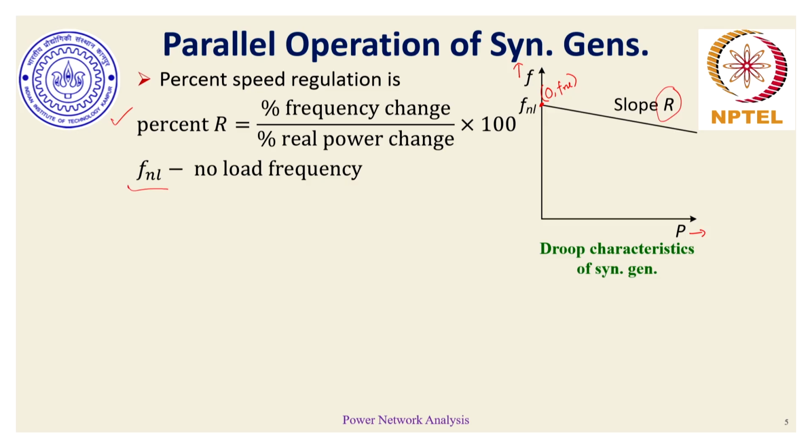And suppose now we know also a point which refers to the full load condition. In the full load condition, the full load frequency is going to be lesser than the no load frequency. The reason being, as the frequency of the generator goes down, the kinetic energy stored in the rotor also would go down. Remember, rotor being a rotating device, it also has its own mechanical inertia and it has its own angular momentum.